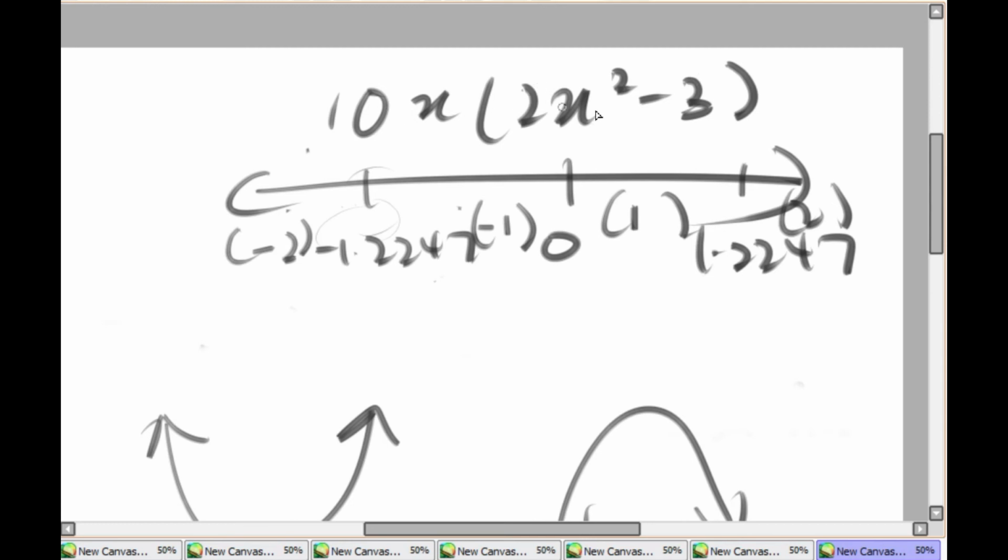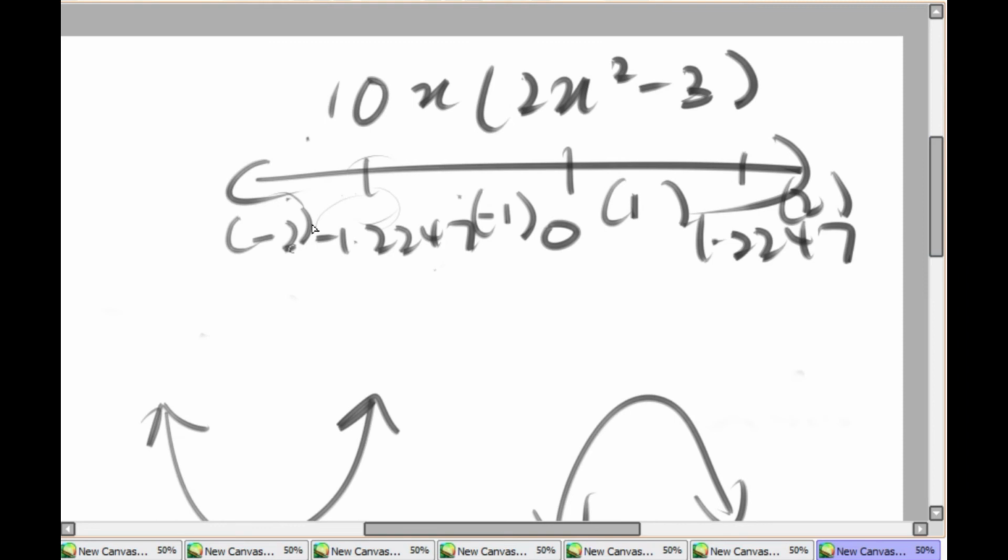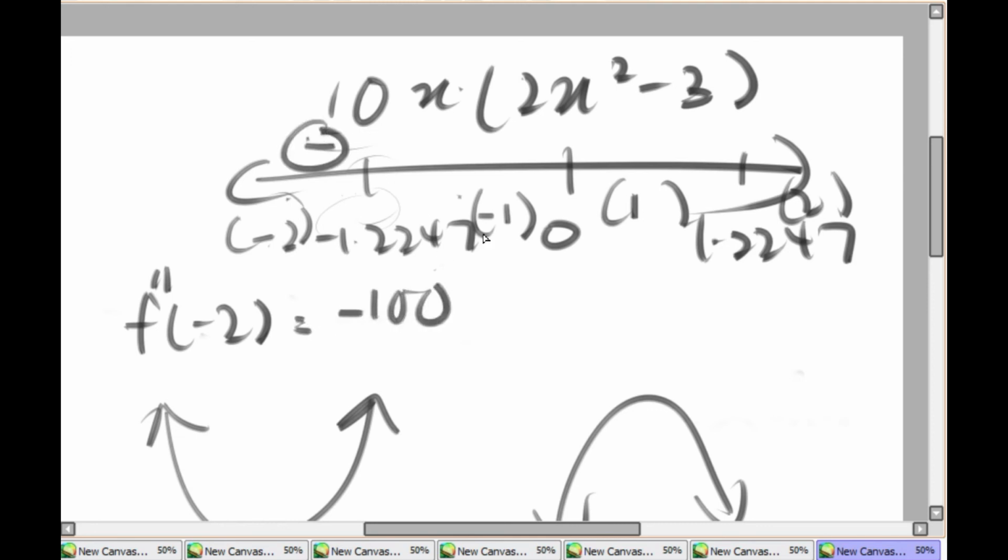So it's 10x(2x squared minus 3). So now we're just going to sub in the values that we have fixed here into this function, and then we'll obtain whether it's an increasing or a decreasing function, or in this case a concave up or down function. So if f(-2), then it's -100. So this is a minus.